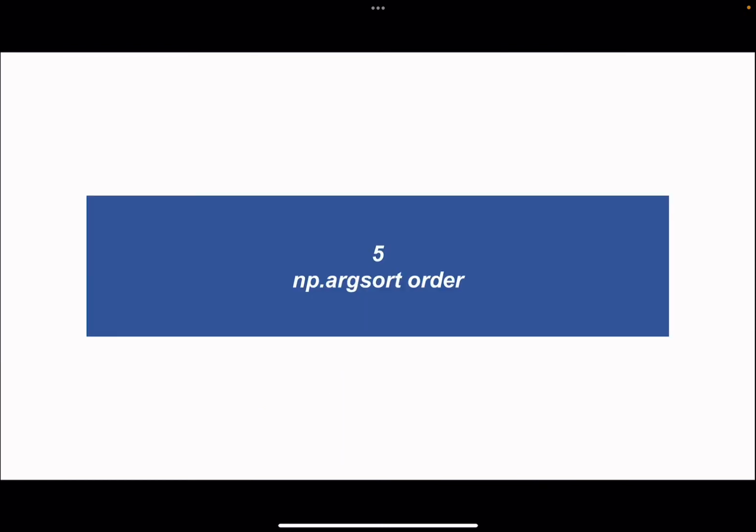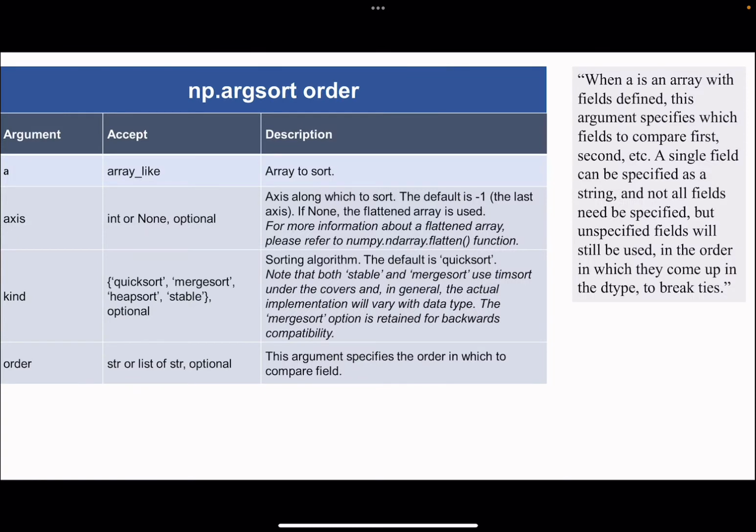Our next topic is the order argument for this numpy.argsort function. Although I said that you will probably only need the array to sort and the axis argument we just talked about, I think the order argument is probably still very confusing. So I will give you an example to help you understand what it means and what we can do with it. In the official documentation, the order argument goes: when a is an array with fields defined.